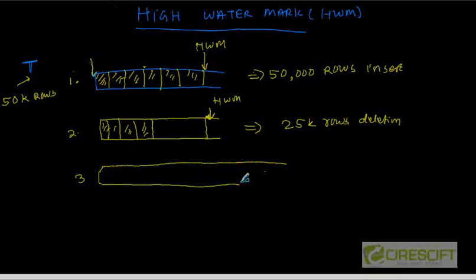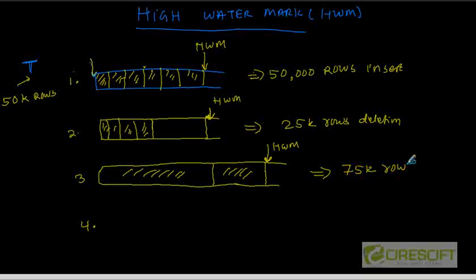Up to here is 50k, so we have added another 25k. All of these are filled now, and the high water mark is shifted to this point. The high water mark is up to the last possible insert. This is how the high water mark behaves whenever we have 75k rows.